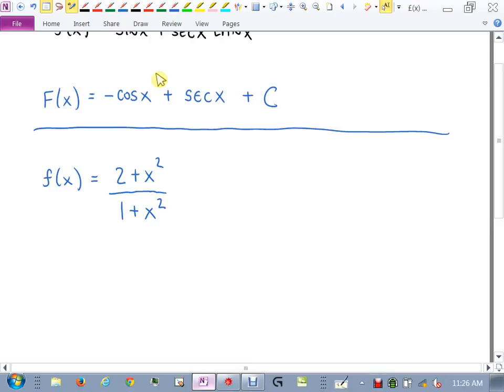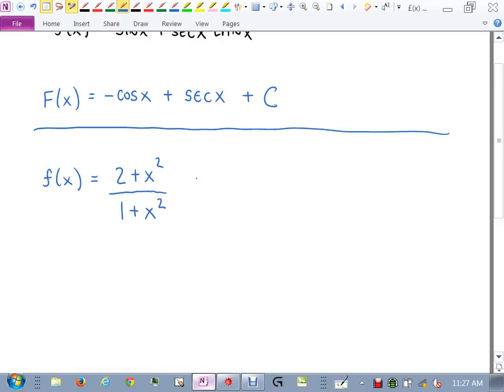Can you use the power rule right off the top? Can you just go, power rule on that, power rule on that? No, because it's separated with a quotient, right? So you can't do that. Can we do what we did in the previous problem where we split it up and just did powers and then broke them down? Not really, because we have two terms down here, right? If that was just x squared, we'd be in business, right? But because it's 1 plus x squared, we can't.